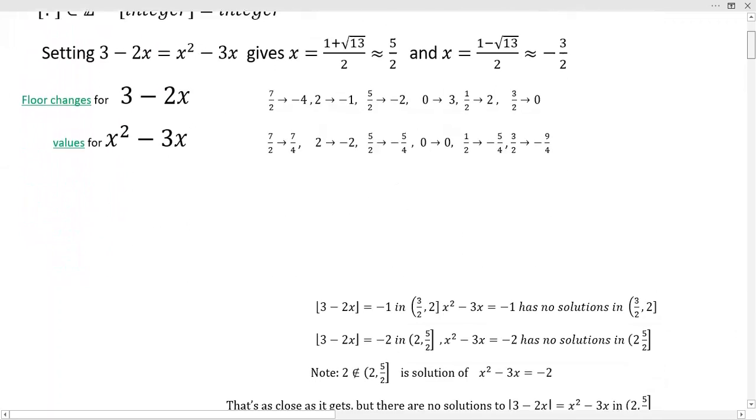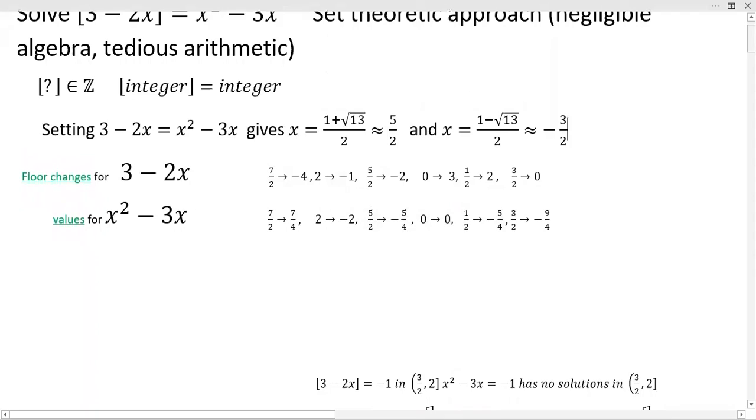I left out some of the details of some of the calculations, but the floor of 3 minus 2x is equal to -1 on this open closed interval. Now let's just check. If you substitute 3/2 in for x, this would actually give you 0.